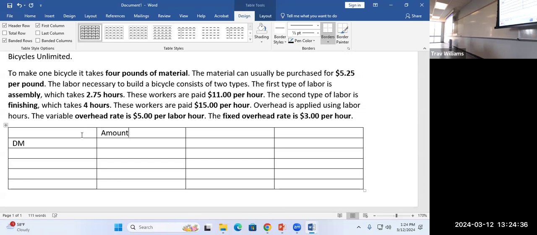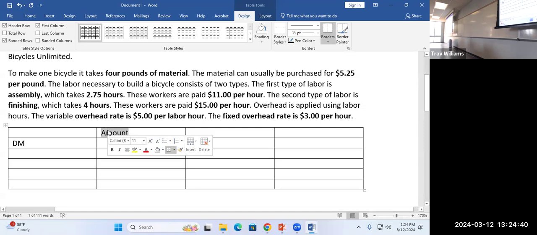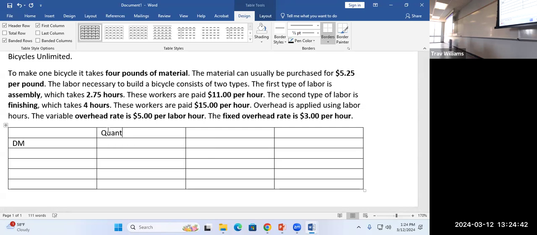There's to be the standard amount, or I'll put quantity. Be consistent, because that's the term that's used in the chapter. So the standard quantity, the standard price, or if we're talking about labor and overhead, it's a rate. And over here we'll have a total.